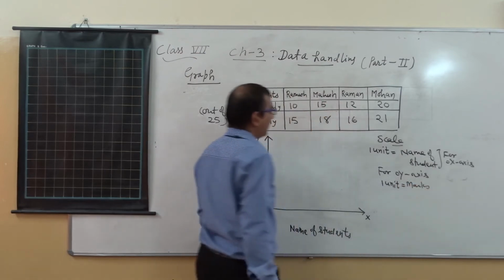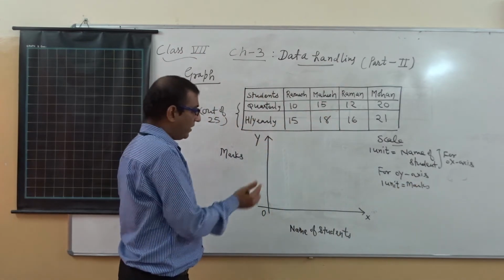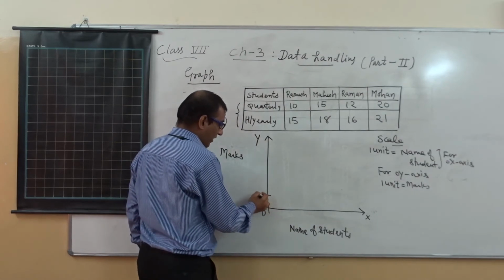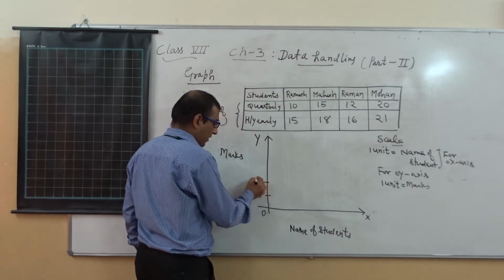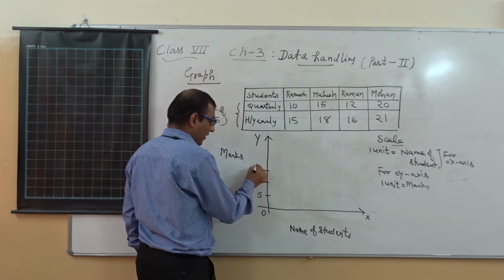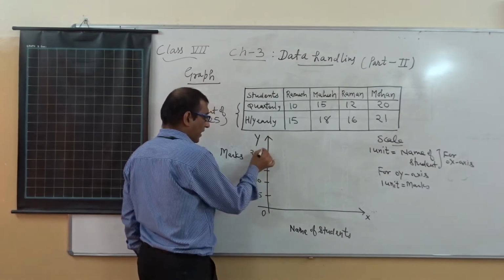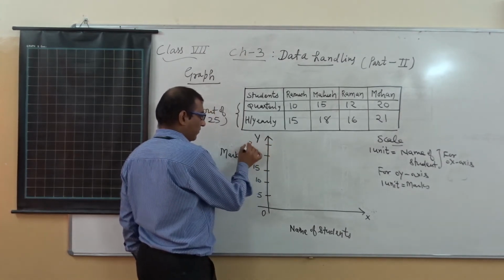As you see here, marks are 10 or more than 10, so it is better if we take 5, 10, 15, 20, and the highest marks is 25.